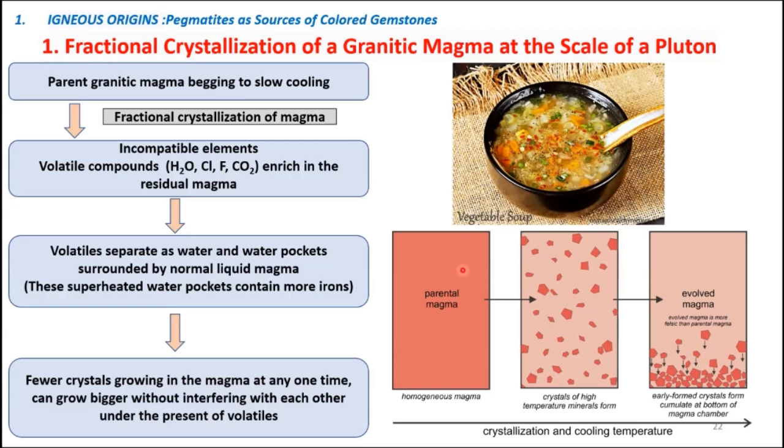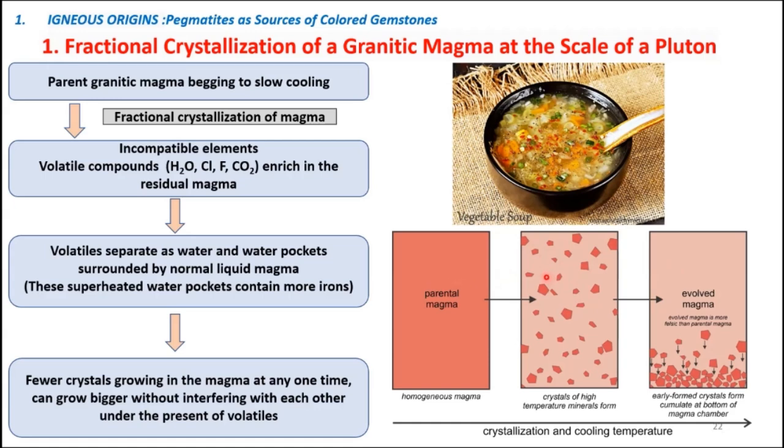They always stay within the remaining liquid or residual magma. So the concentration of zirconium or hafnium differs from here to there, because the incompatible element concentration gradually increases.